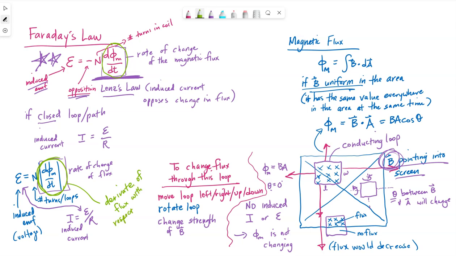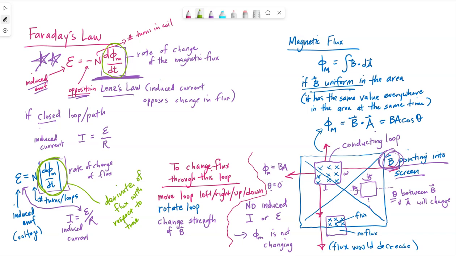That's mathematically what that represents. So we will end up needing to write the equation describing how the magnetic flux is changing with time and take the derivative as part of solving for that induced voltage.